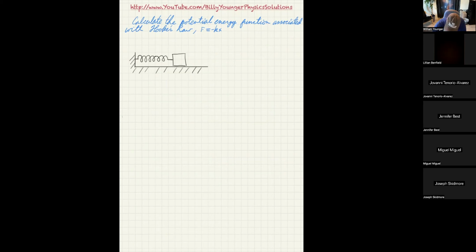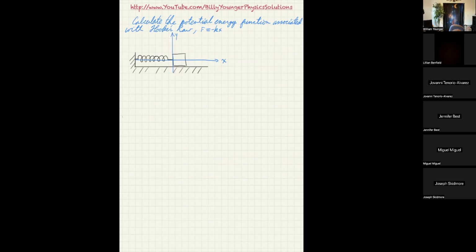Let's create a coordinate system here, with an x-axis going that way. I don't want to put my y-axis there. I'm going to put my y-axis right here.